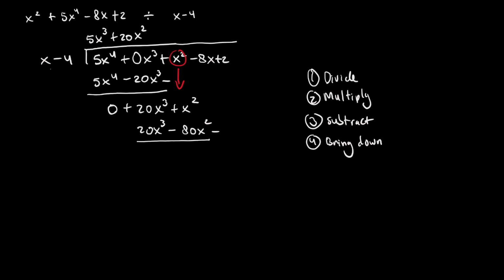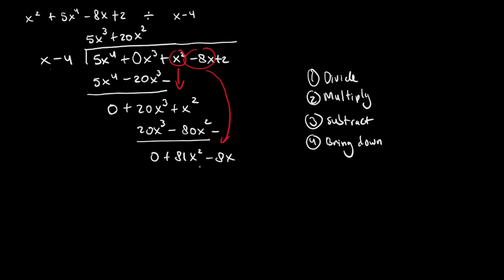And then we go ahead and subtract. Again, be careful with the double negative. So this is going to be 0, and this is going to be a positive 81x squared, because it is x squared minus negative 80x squared. So that is 81x squared, and then it's time to bring down the next term, which is minus 8x. So that is going to be minus 8x, and then we go ahead and divide again.